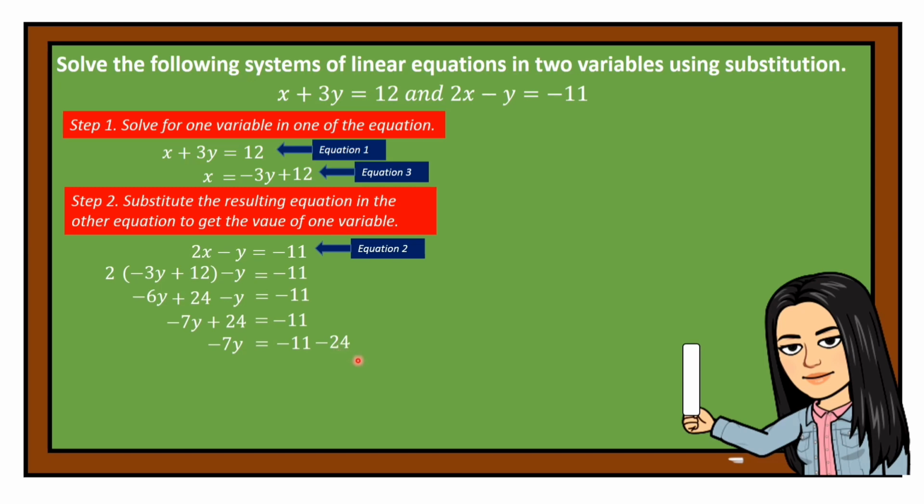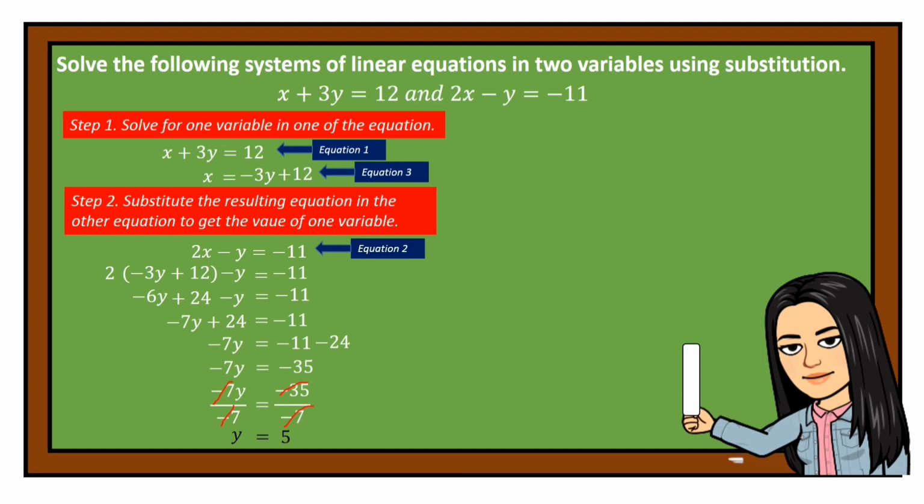Negative 7y equals negative 11 minus 24, which is negative 35. Since the variable y still has a coefficient of negative 7, divide both sides by negative 7. Negative 7y divided by negative 7 is y, and negative 35 divided by negative 7 is positive 5.